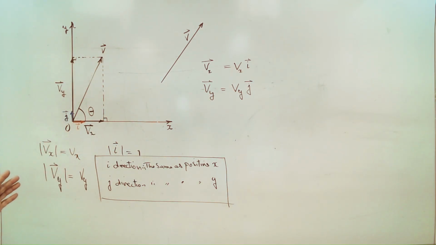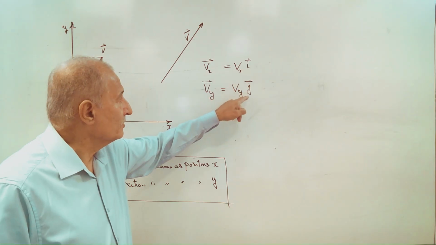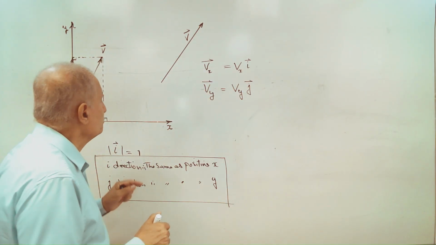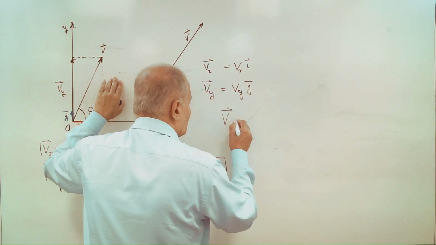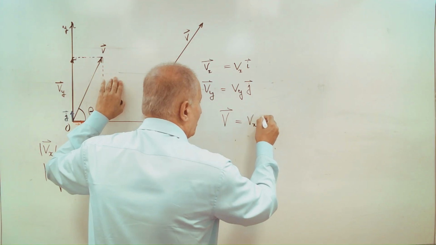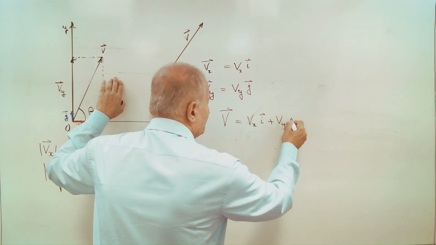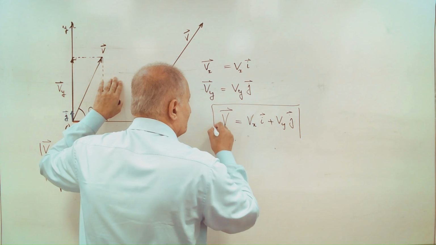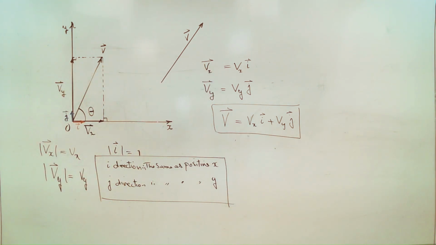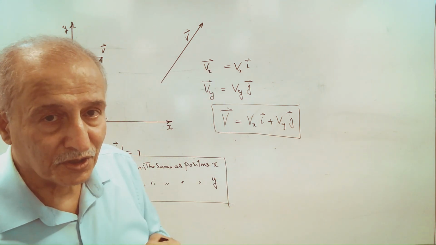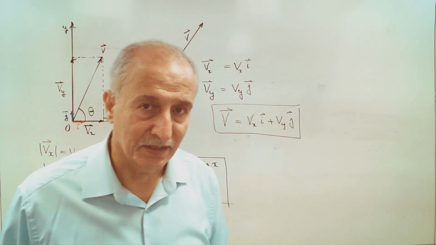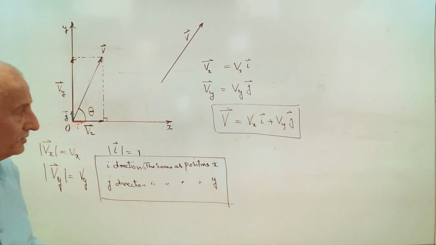The direction is the same as the vector i. That's it. And if we want to show it, we show the summation of vector Vx i plus Vy j. Vx and Vy are the orthogonal components of vector v in the x and y coordinates.